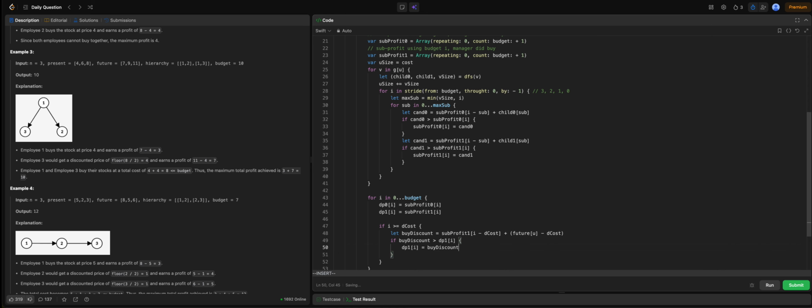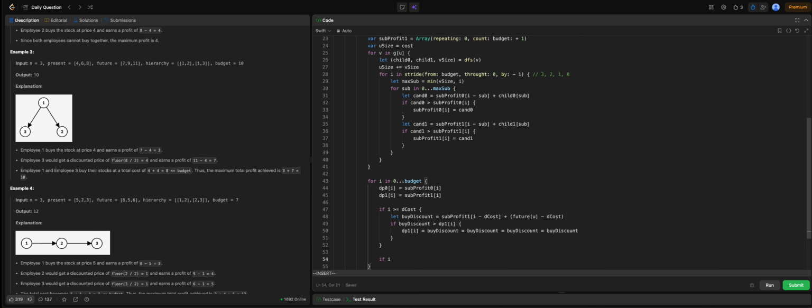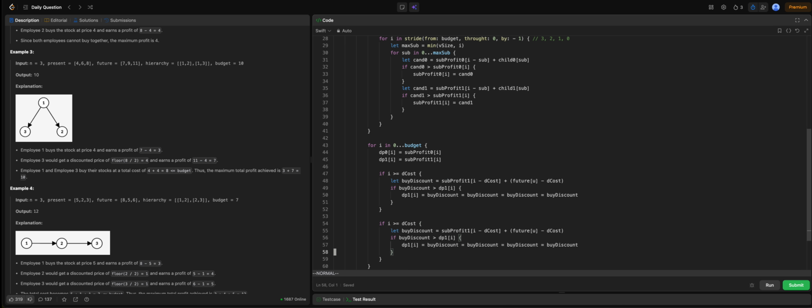I think that would be the same for the normal cost, so I can just copy paste it. Copy and paste, and let's call this the cost. That is not the discount anymore because we are buying full.